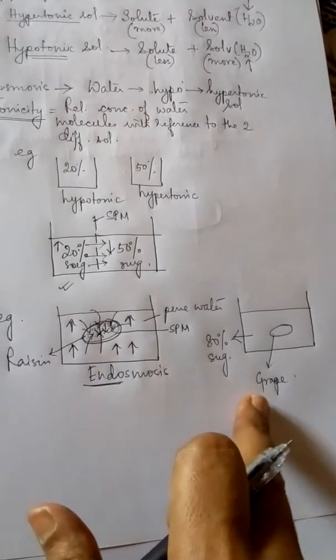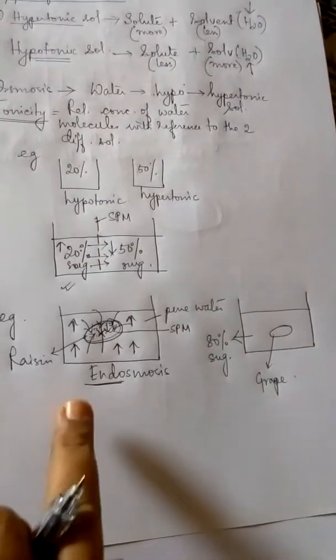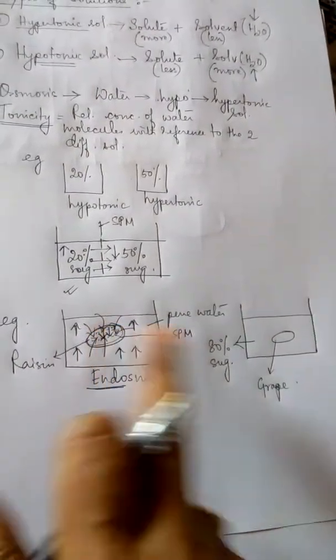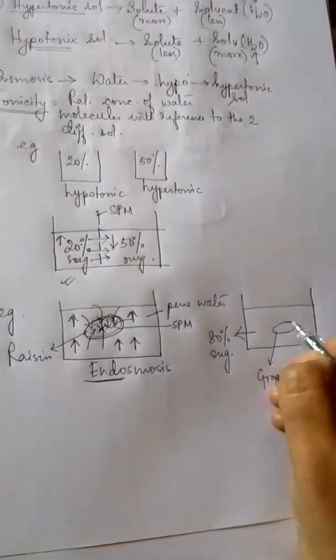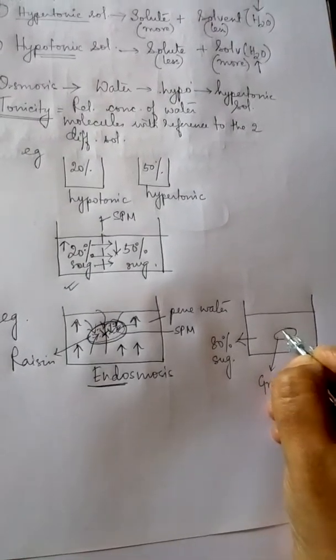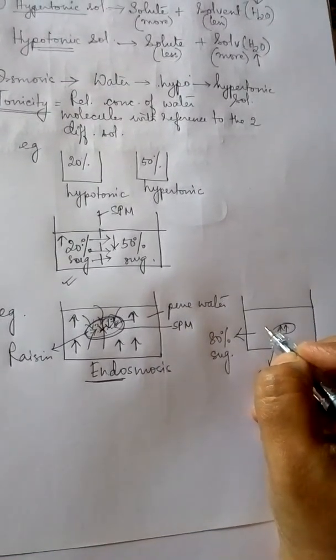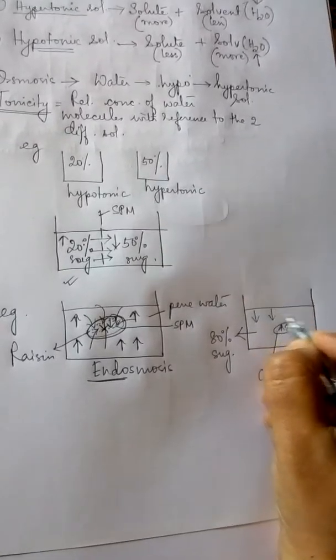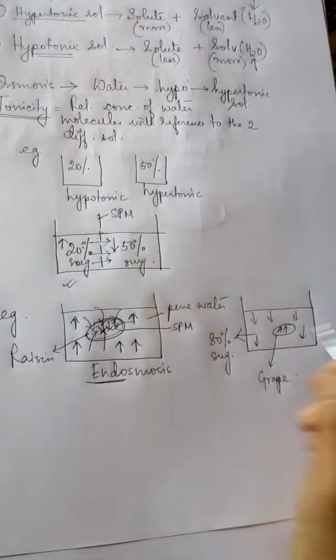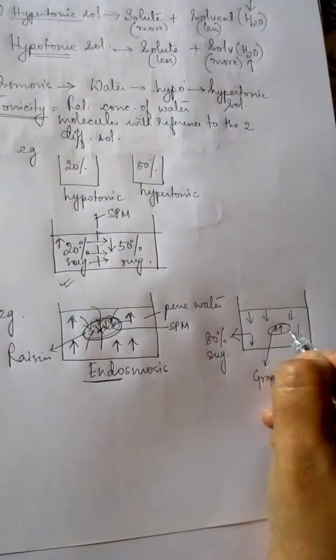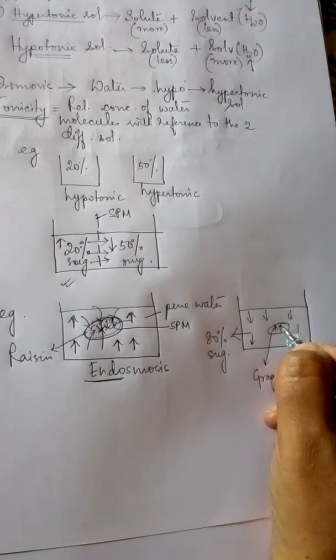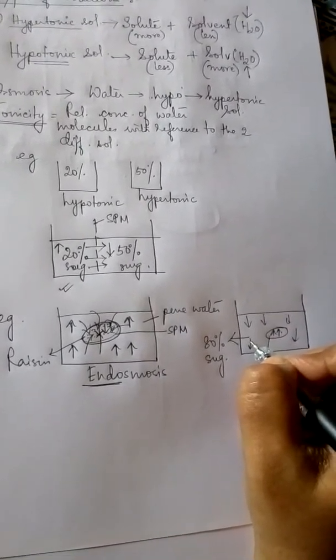The raisin is a dried form of grape. So a raisin has less water content inside than a grape. So automatically the water content inside the grape will be very high, and the water content outside the grape, that is in the solution, will be very low. So water potential is high inside the grape, and water potential is low outside the grape.